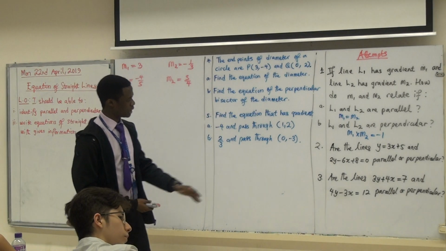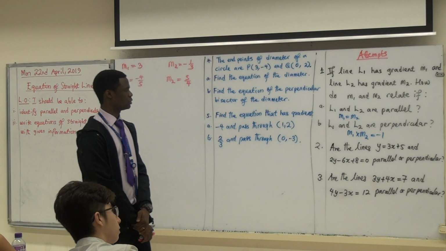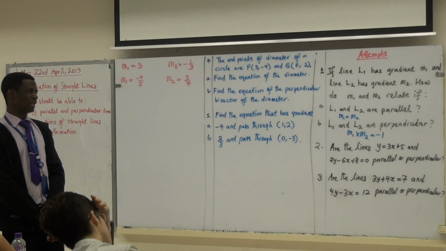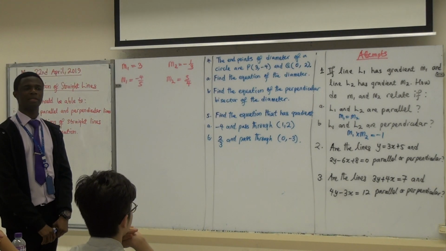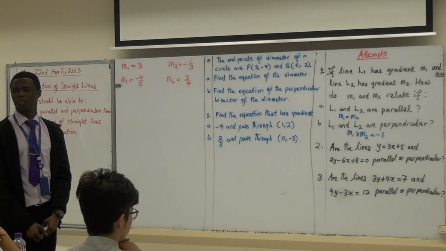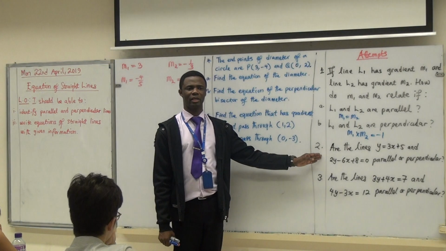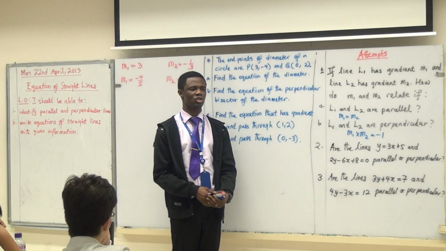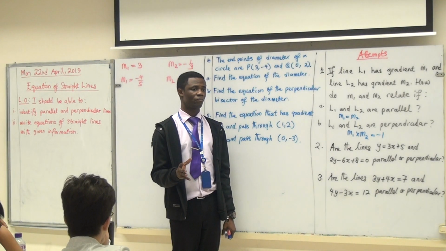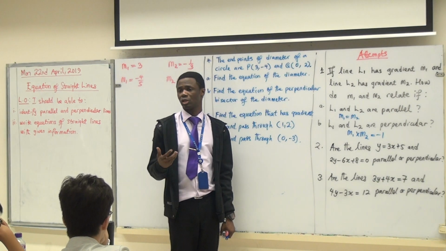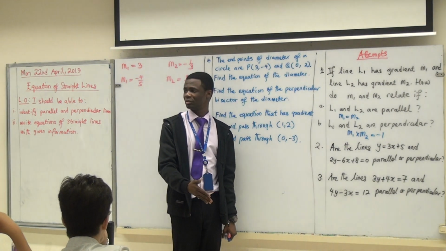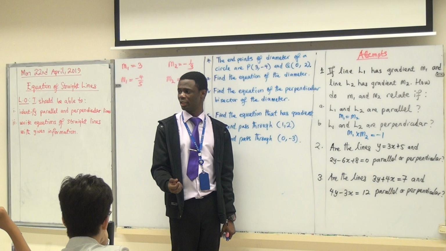So now look at this. Question 2. Are these lines parallel or perpendicular? Has anyone done it? What will be the first thing you need to do to determine if they are parallel or perpendicular? What is your goal? That's not your goal. That is how to achieve your goal. What is your goal, really?